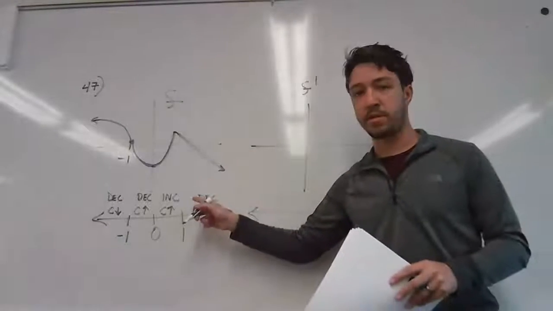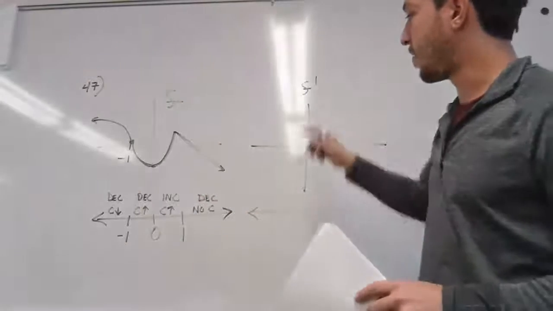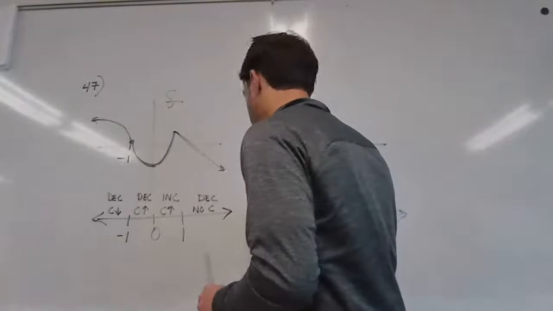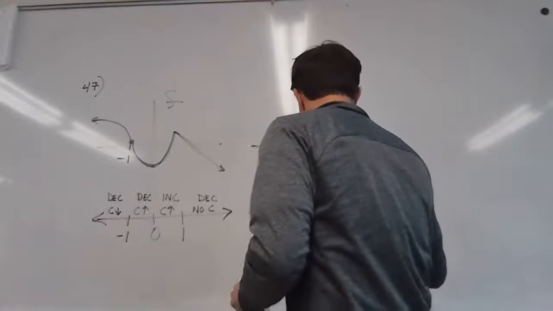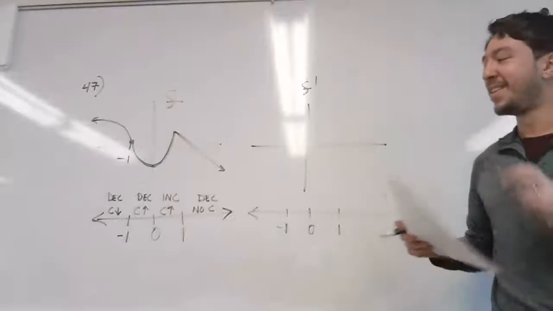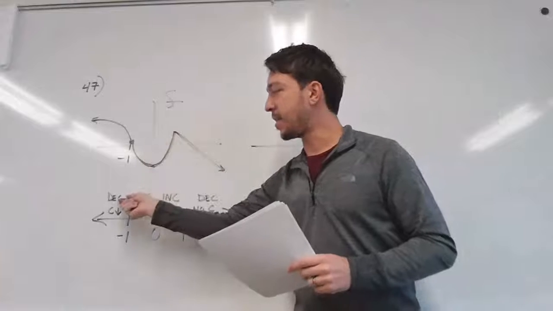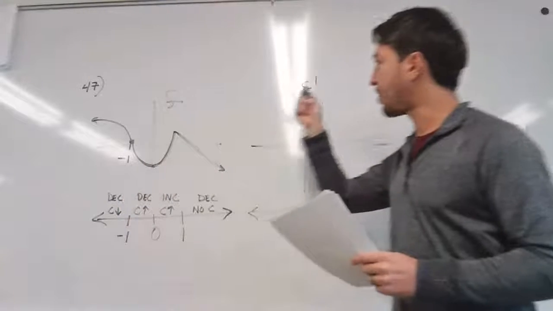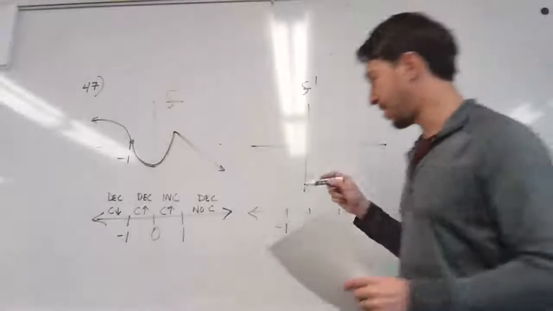This was the description of f. So what if I want to describe the behavior of f prime using these exact same regions? So, hold on, sorry. I'm sure you know, but if f is decreasing, that means that the graph of f prime is negative.